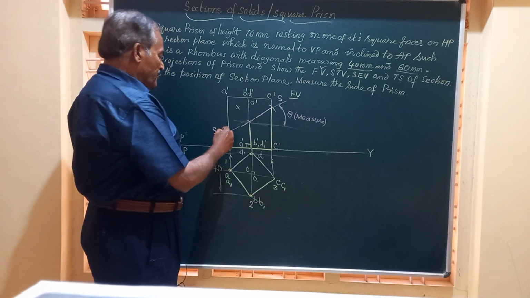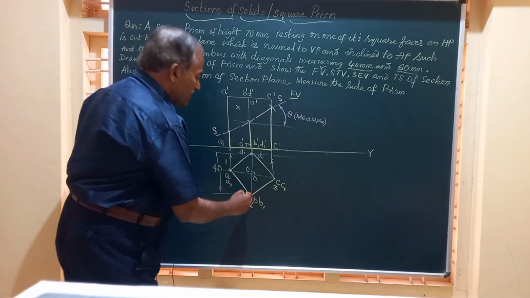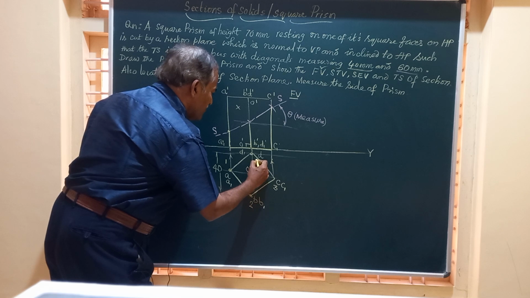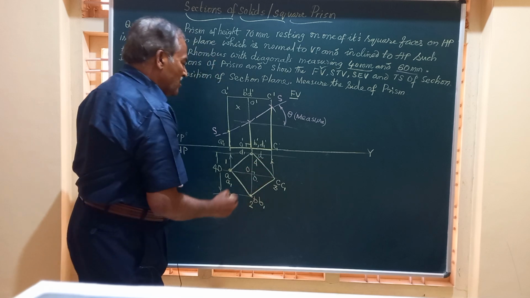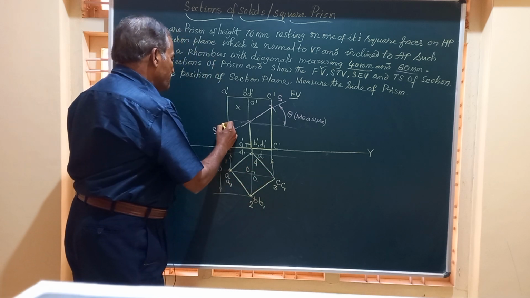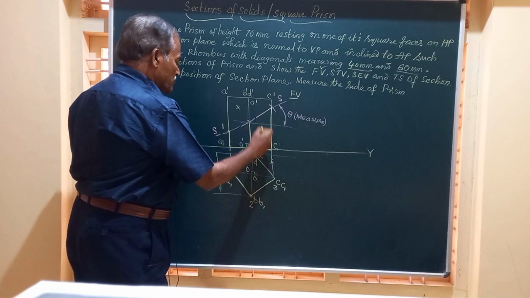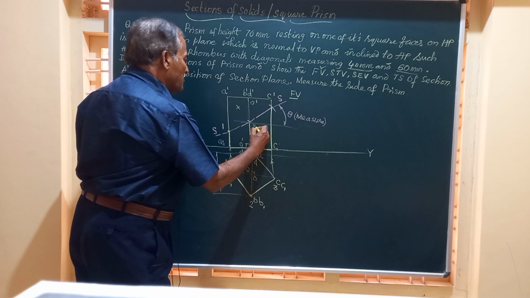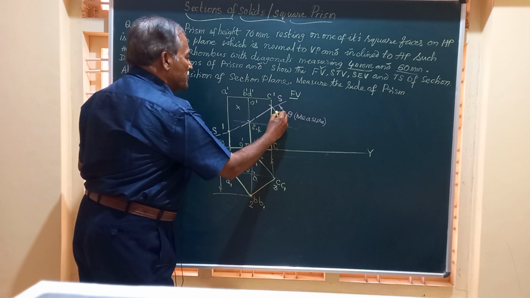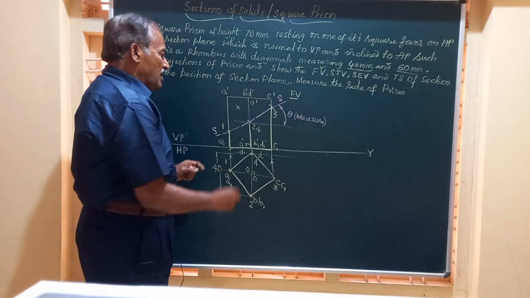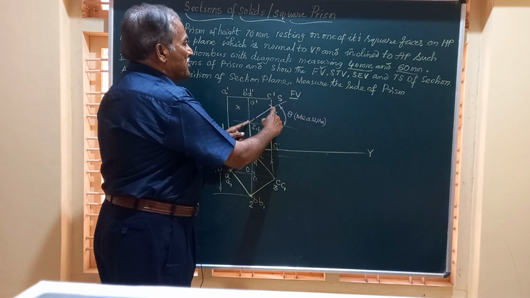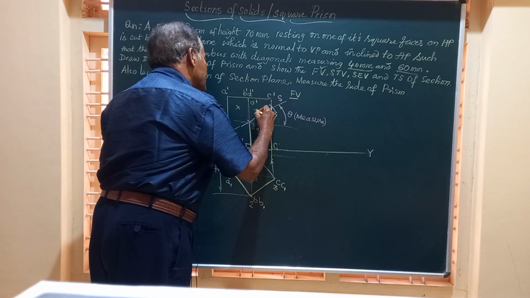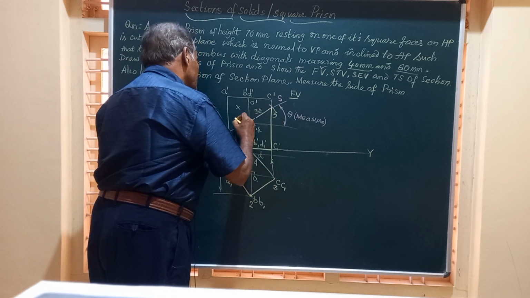Friends, you have named them 1, 2, 3 and 4. Let us see how they appear here. This is point 1. This is 2, comma 4. Let me mark here 2, comma 4. And this is going to be point 3. And remember friends, this gap whatever we have got is 30 mm, same as this, that is 30 mm.